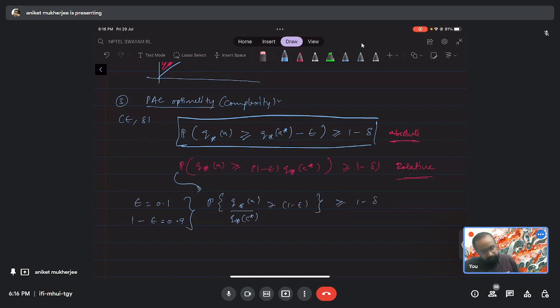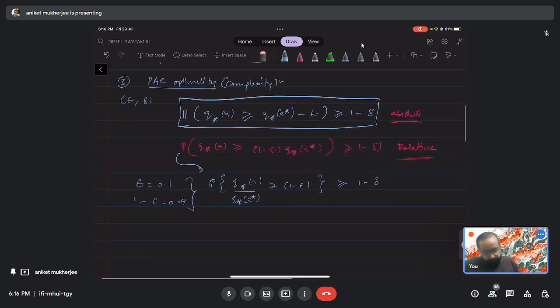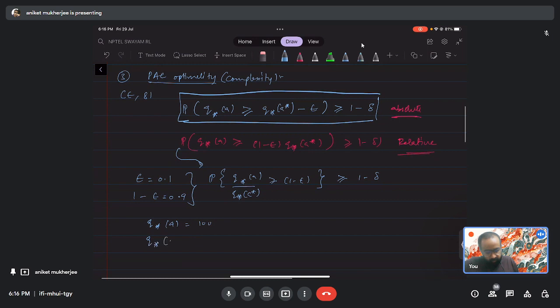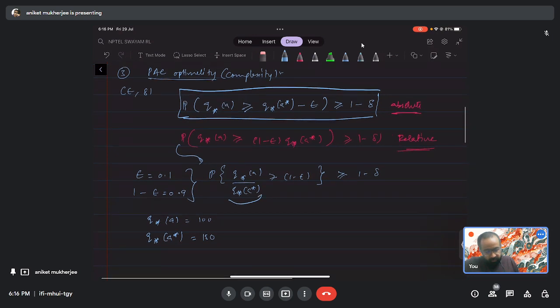Equal to 1 minus epsilon. So now if my Q star A is, suppose, 100 and I get a Q star A star which is 150, then this side value would be 100 by 150, which comes out to around 0.67.